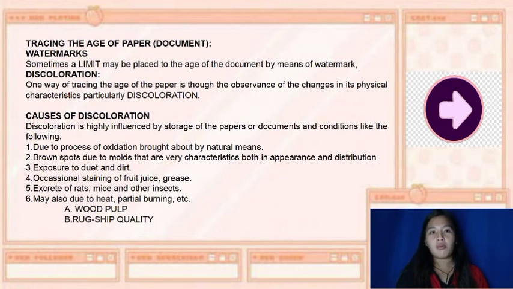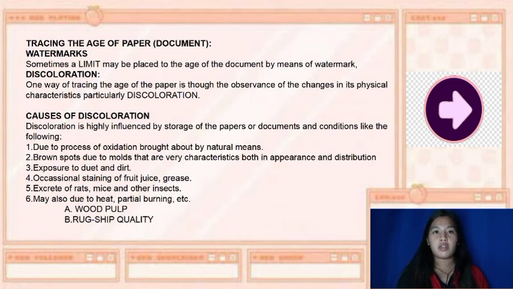So here are some causes of discoloration. First is due to the process of oxidation brought about by natural means. Second is brown spots due to molds that are very characteristic both in appearance and distribution. Third is exposure to dew and dirt. Fourth is occasional staining of fruit juice or grease.